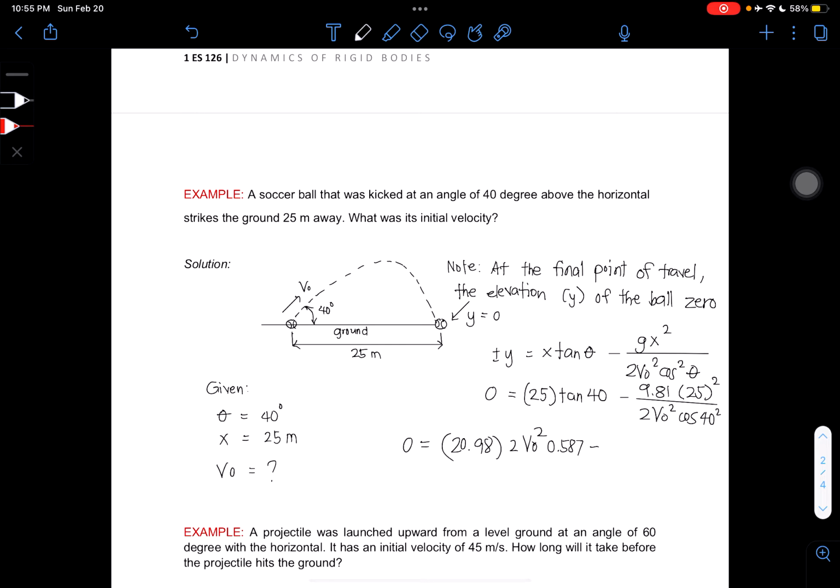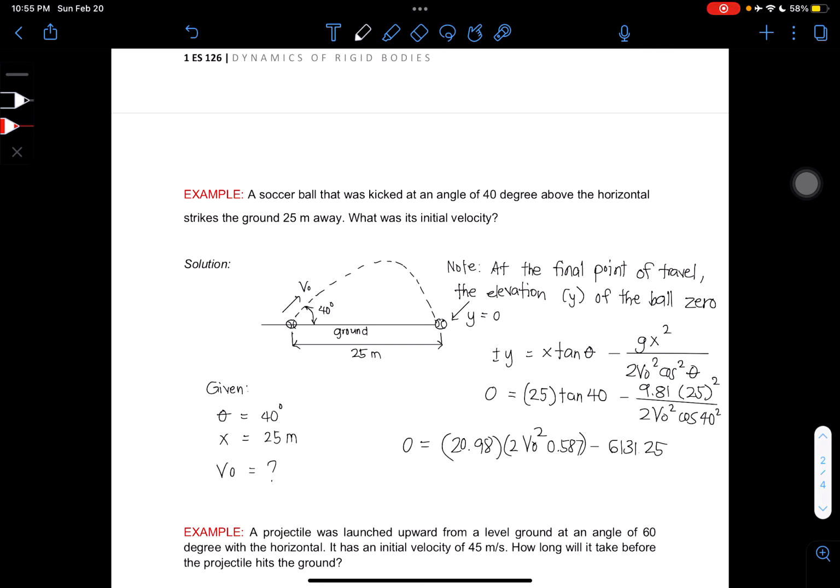So minus the 9.81 times 25 squared, calculate, that will be 6131.25.